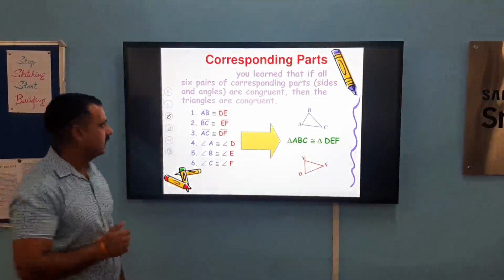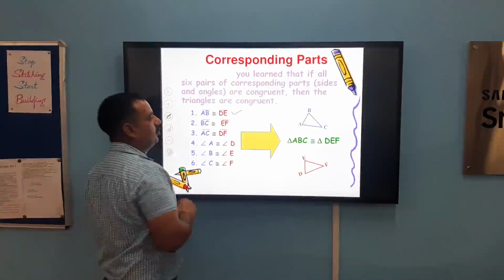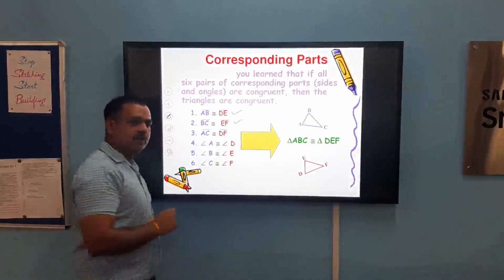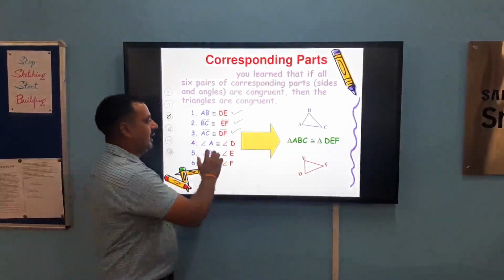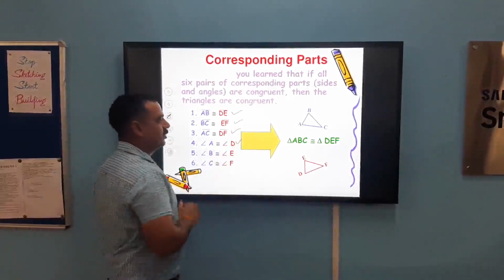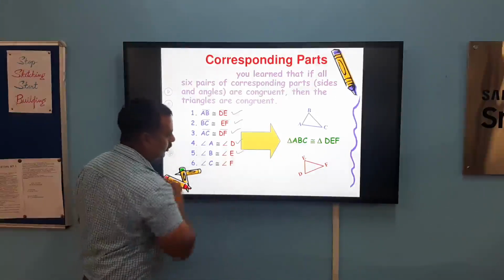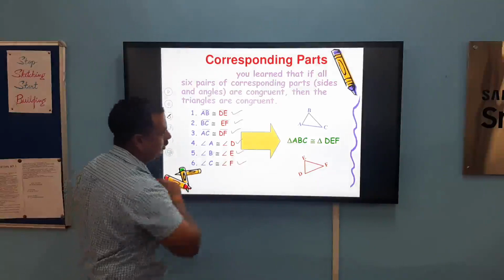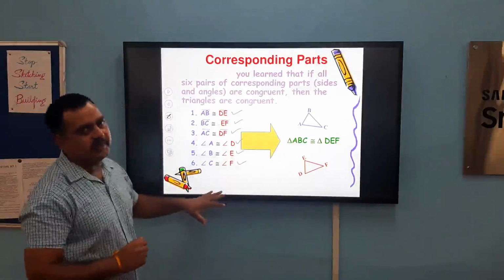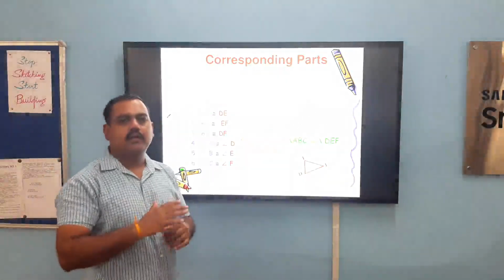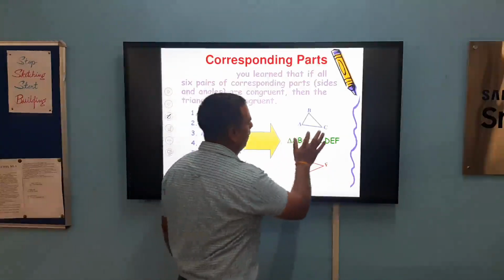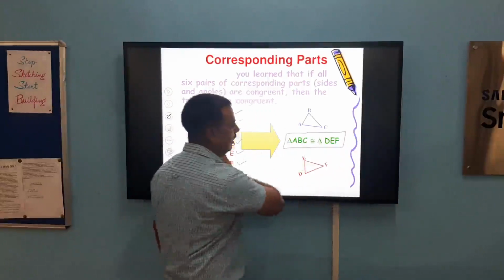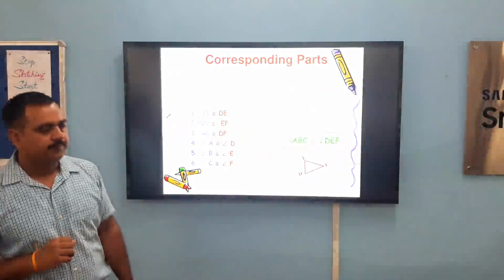In these triangles, AB corresponds to DE, BC corresponds to EF, AC corresponds to DF, angle A corresponds to angle D, angle B corresponds to angle E and angle C corresponds to angle F. Here all 6 parts of one triangle are equal to the corresponding 6 parts of the other triangle, so we can say triangle ABC is congruent to triangle DEF.